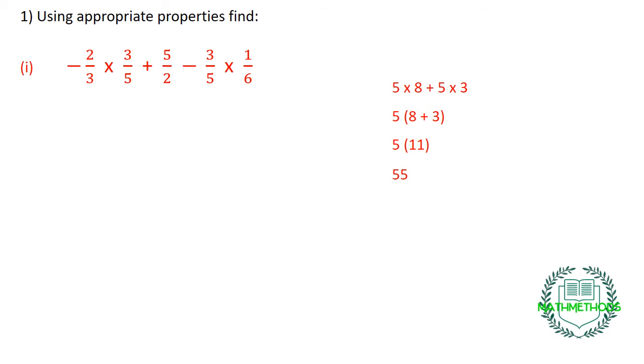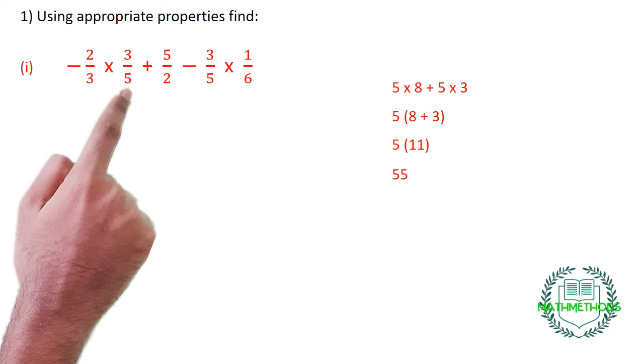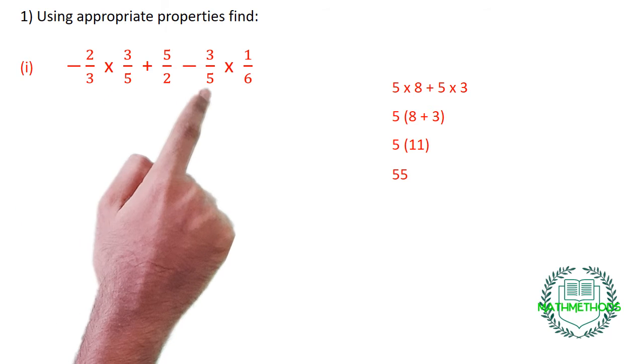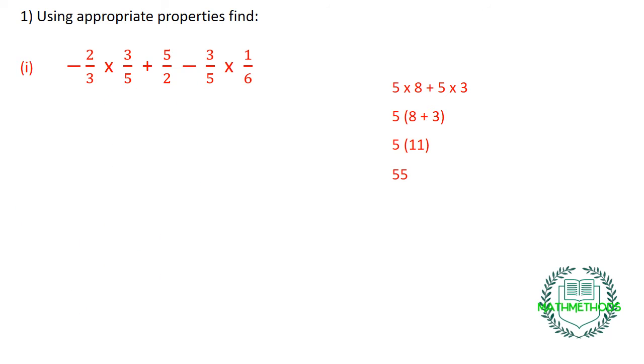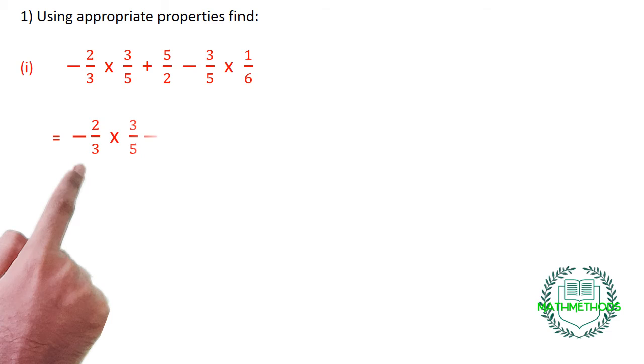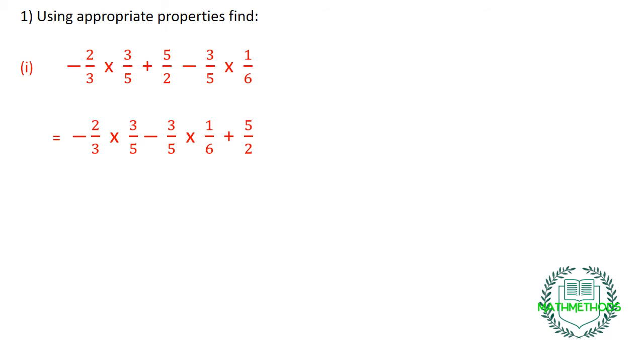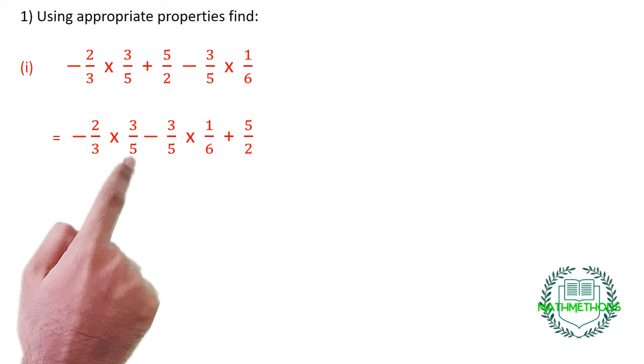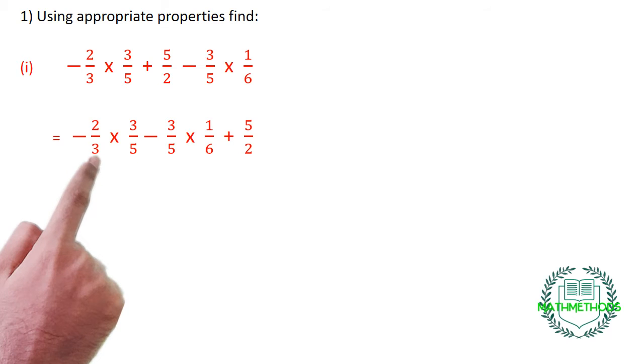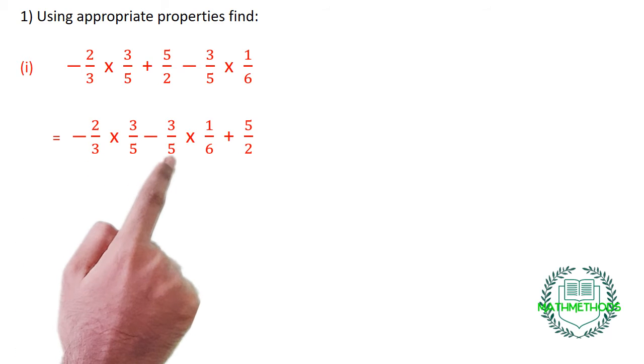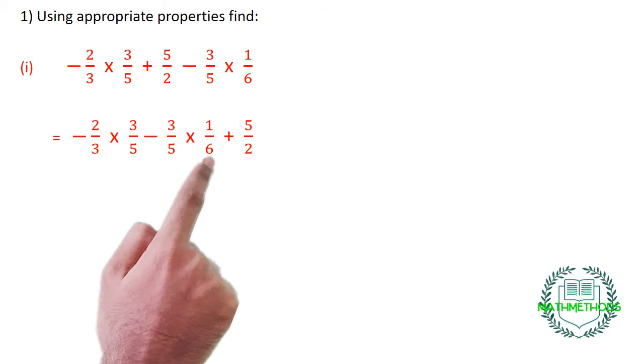First, rearrange the terms to bring 3 upon 5 and 3 upon 5 together. Rearranging, we get minus 2 upon 3 multiplied by 3 upon 5 minus 3 upon 5 multiplied by 1 upon 6 plus 5 upon 2. Now you can see here 3 upon 5 multiplied by minus 2 upon 3 and 3 upon 5 multiplied by 1 upon 6.